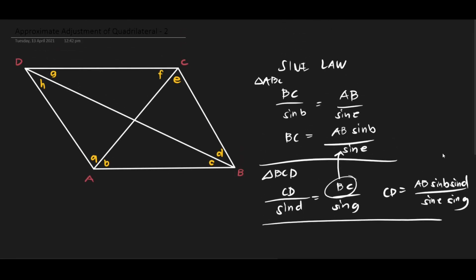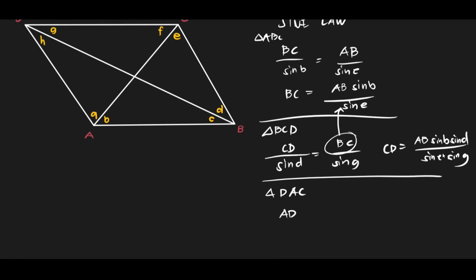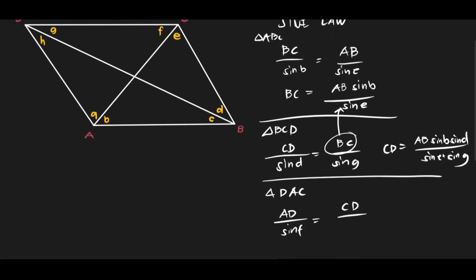Now, what if we want to compute side AD? So in triangle DAC, we want to compute side AD. So AD all over sine F is equal to CD all over sine A, right?